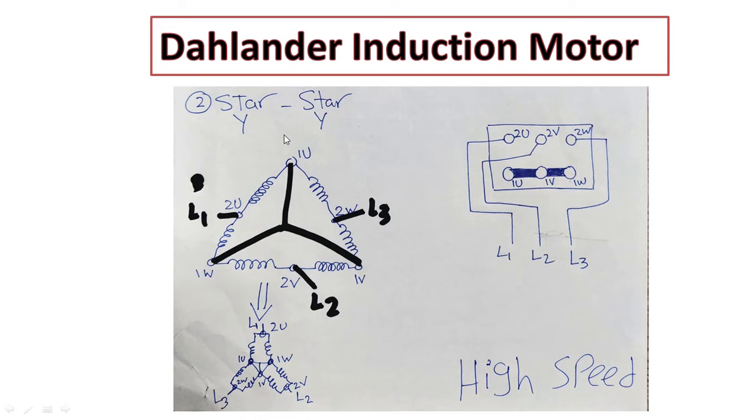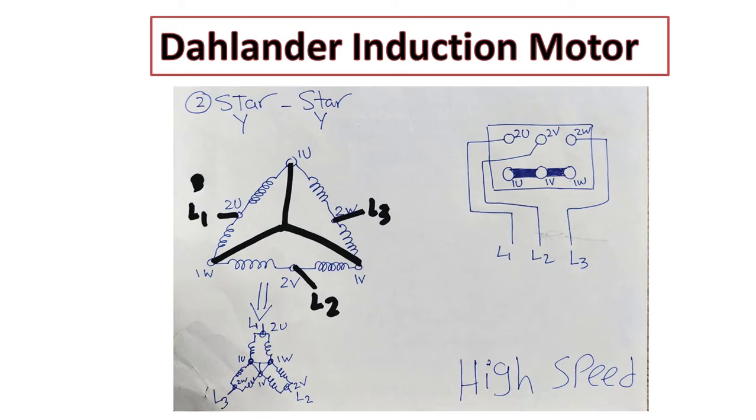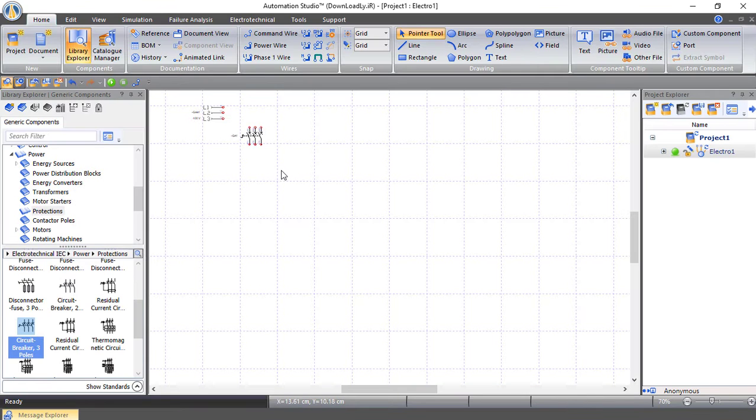Also, we need another contactor to connect 1U, 1V, 1W together. So in case of the delta connection, we just need one contactor. But inside the star-star connection, we need 2 contactors. One for connecting L1, L2 and L3 to 2U, 2V, 2W, and the other one to connect 1U, 1V, 1W together.